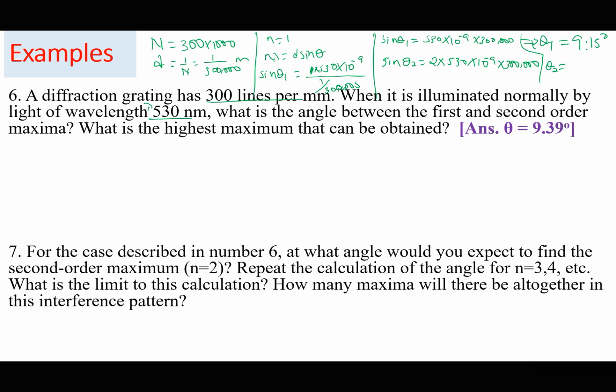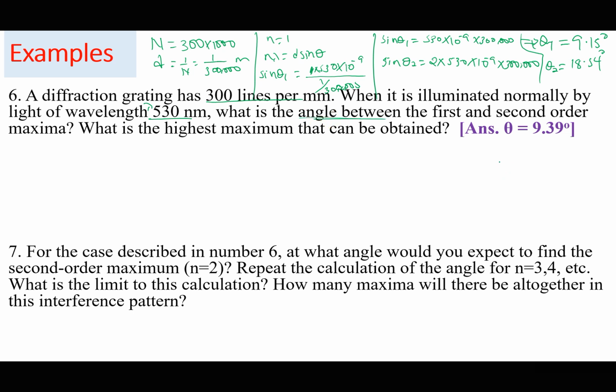Then I get the sine inverse of the answer. So theta 2 is equal to 18.54 degrees.